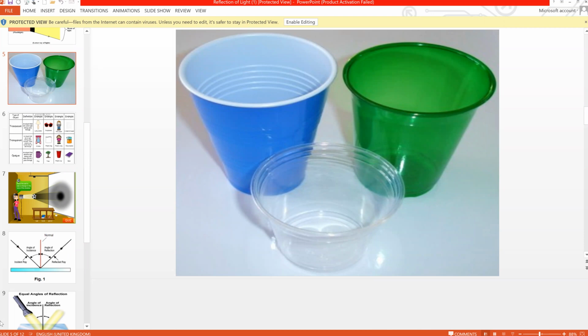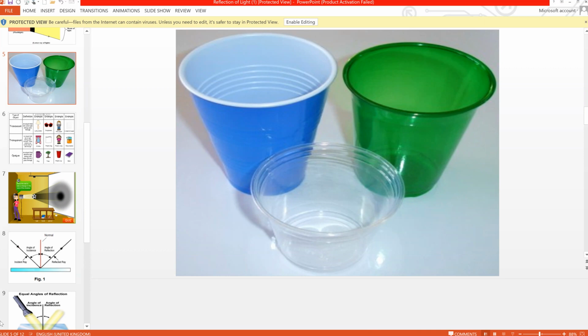The objects we will classify into three types based on physics related to the reflection concept. One is transparent objects. The second one is translucent. What is the pronunciation?